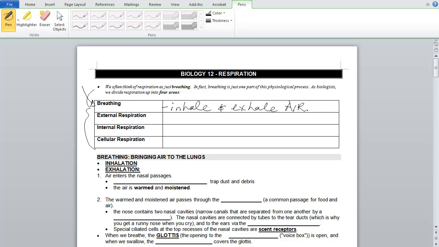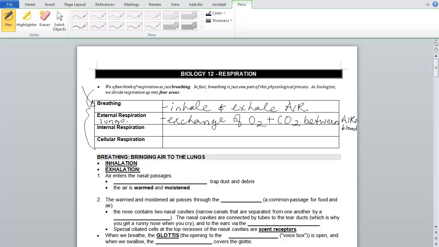There is external respiration, which is going to be the exchange of O2 and CO2 between the air and our blood. So this is what's happening in our lungs.